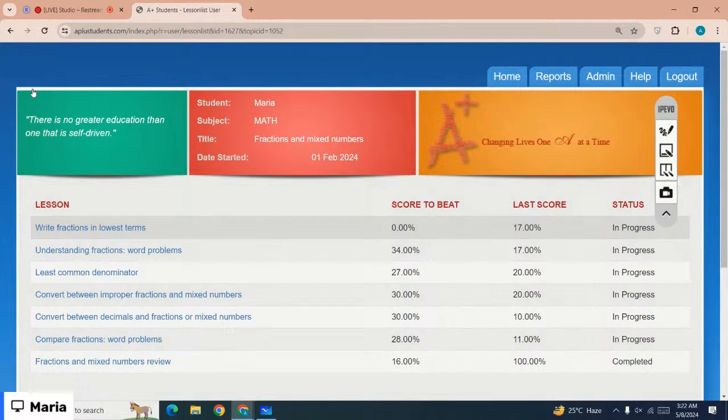The next lesson is compare fractions word problems. Let's just start with the lesson.